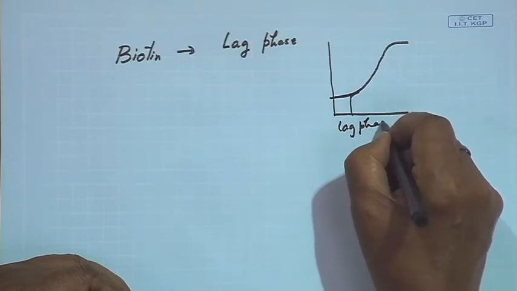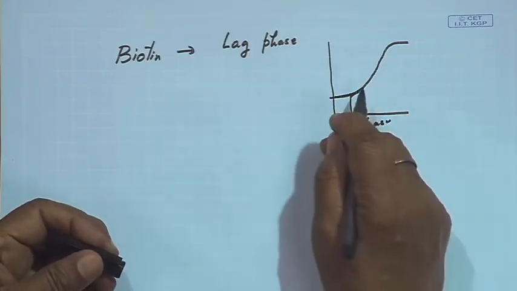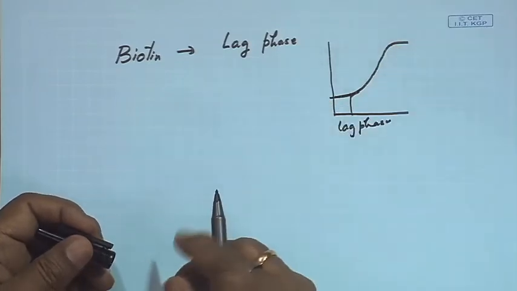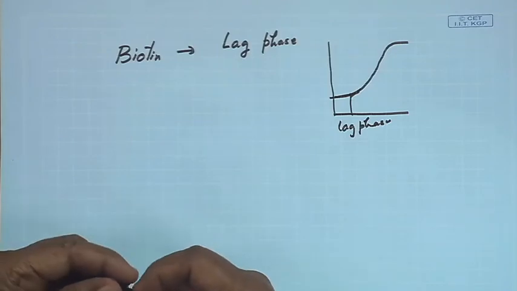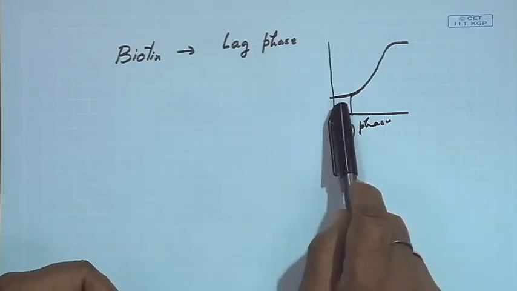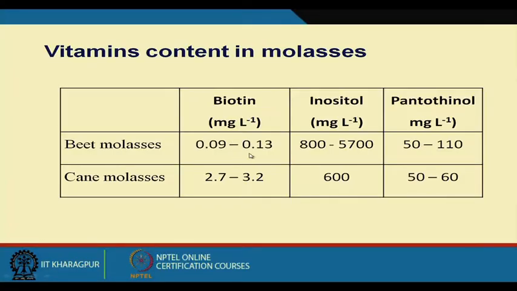This lag phase should be as small as possible. If we have a very short lag phase, then the fermentation time can be reduced drastically. So in the presence of biotin, the lag phase can be reduced. This is an essential component required in the fermentation broth.